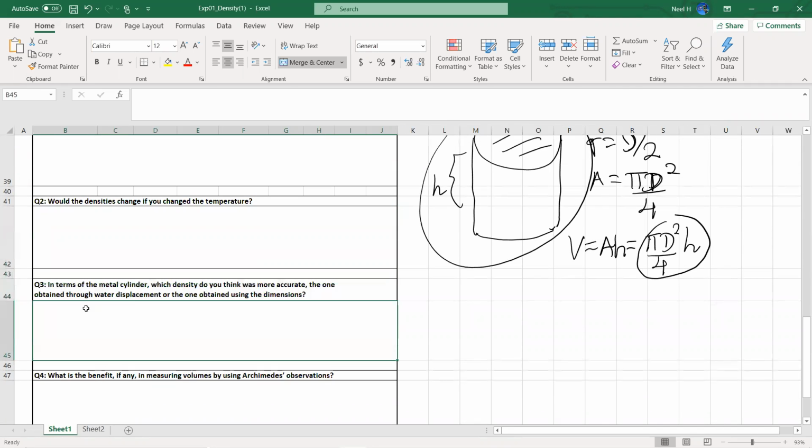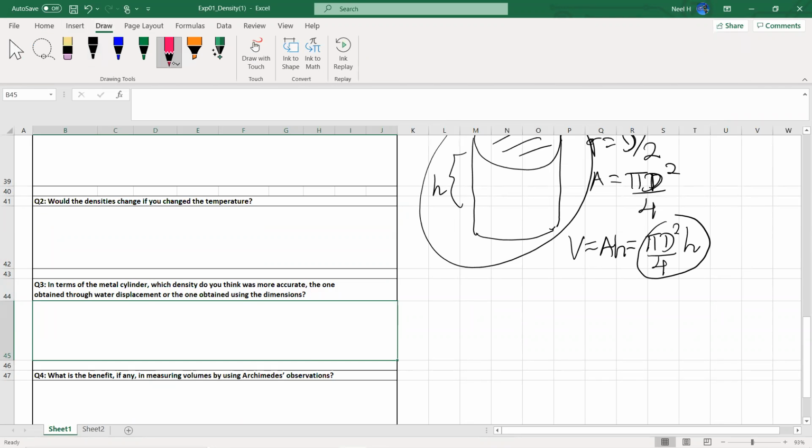And then number 3, in terms of the metal cylinder, we are measuring the volume in 2 different methods, right? Which density do you think was more accurate? One through the water displacement, or one through the dimensions.